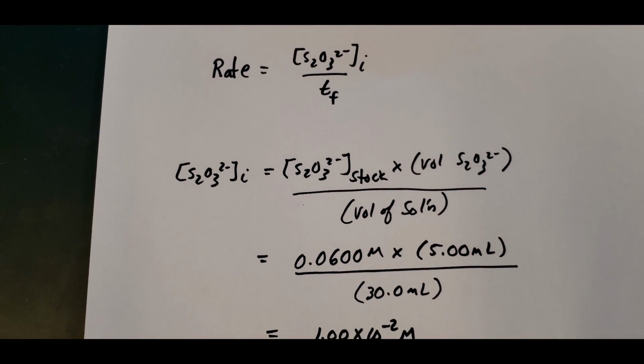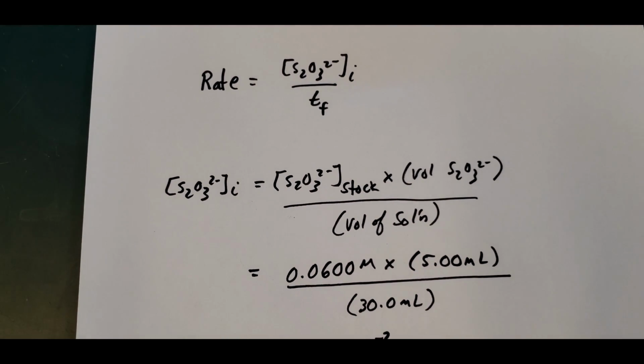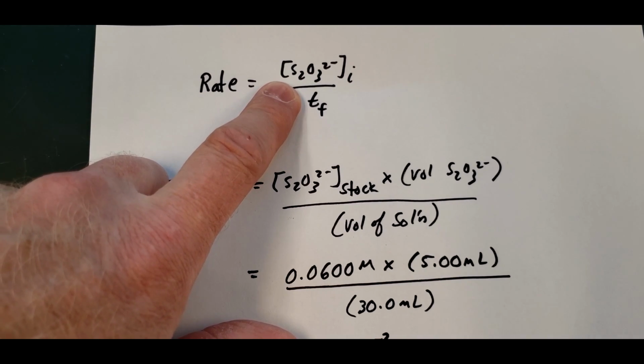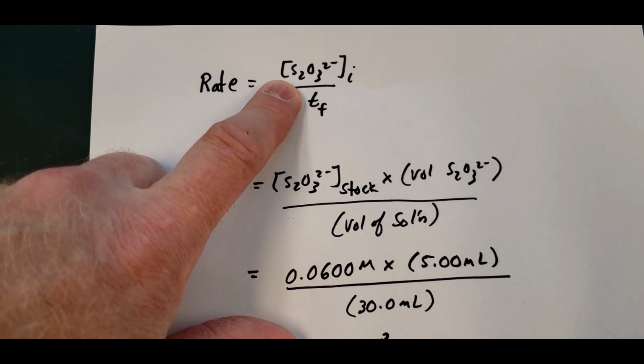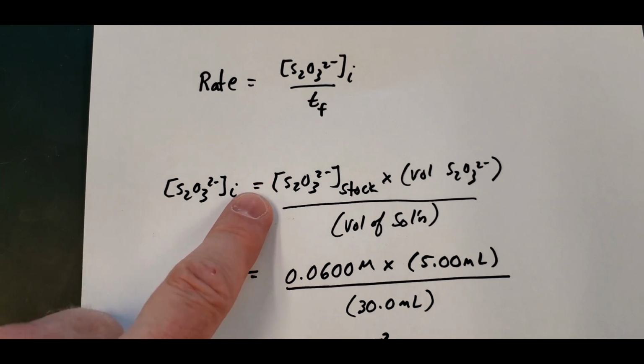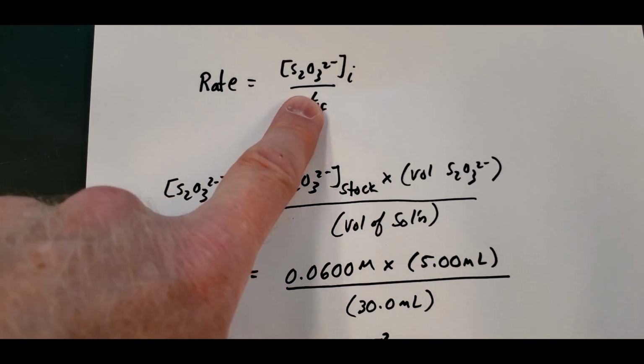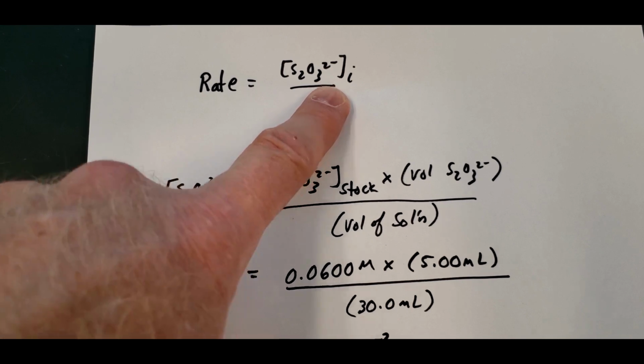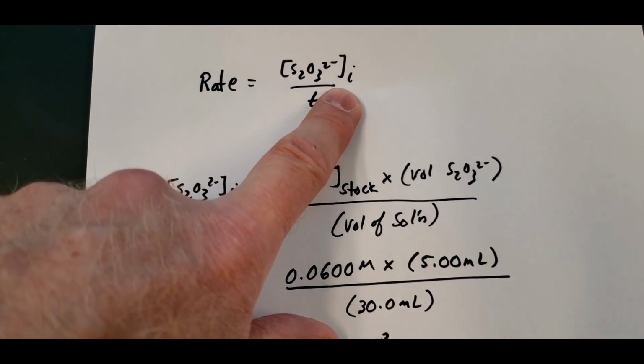Okay. Now we need to find the rates for each temperature, and the rate is going to be equal to the initial concentration of the thiosulfate when we begin the reaction. So we have to show the dilution, but the final concentration of the thiosulfate ion is 0. So what do we start with?